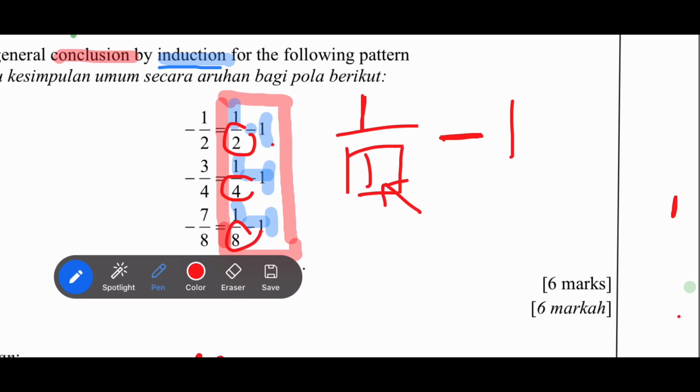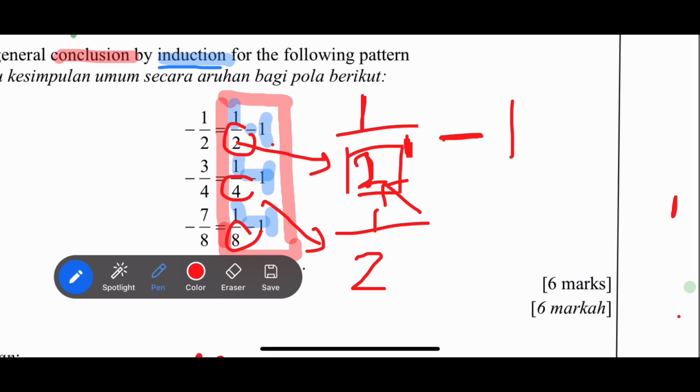Then the one that keeps on changing is 2, 4, and 8. So we have to think how to convert 2 to something to do with 1. Are you going to write 1 times 2, 2 times 1, or 2 power 1, or 1 plus 1? You have to convert to something to do with 1, either power 1, plus 1, times 1, or minus 1, and it must be applied for every term.